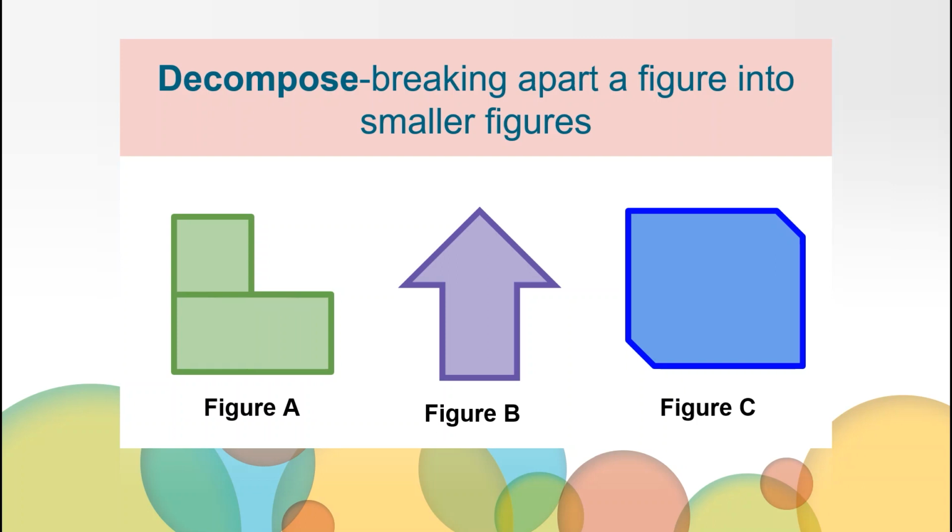Additionally, you could have decided to draw both of those lines like this and decompose the figure into 3 squares. How did you decompose it? Now let's take a look at figure B. How might you decompose this figure to help you find the area?